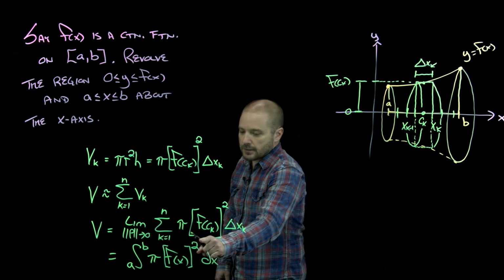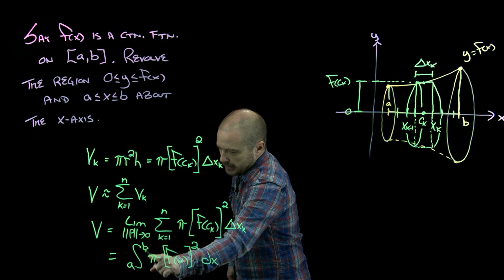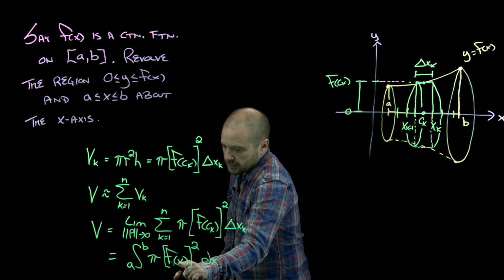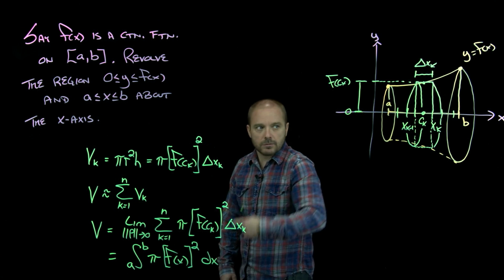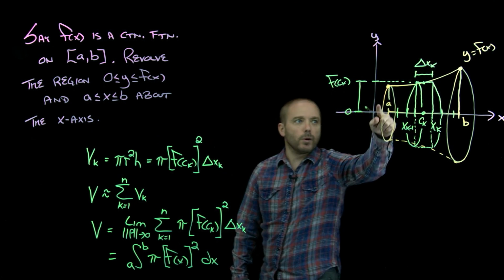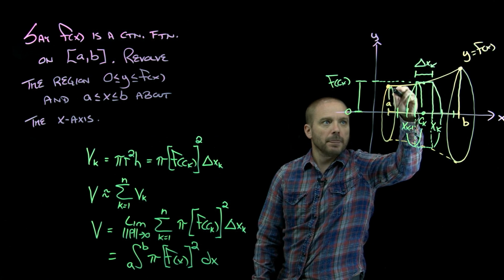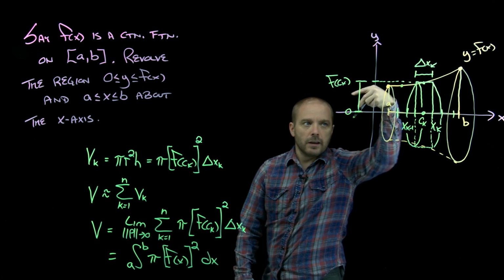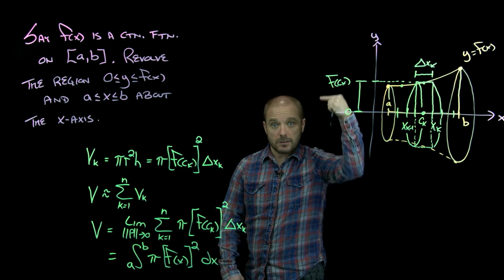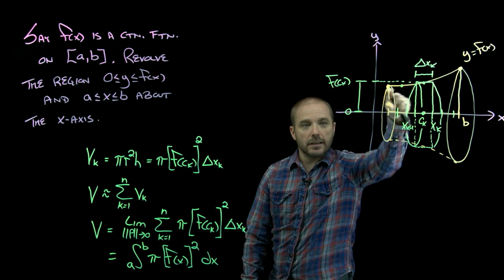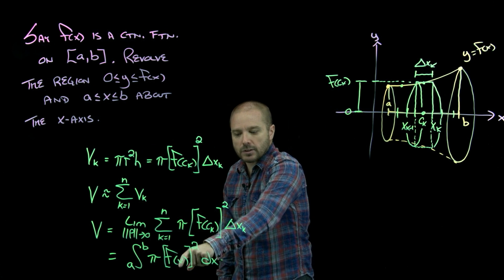And if you look at this, what are we really integrating? This is a radius of revolution, right? As you go around at any point along this object, if you pick any point and revolve that point, you're going to get a circle. The radius of that circle is the value of the function.